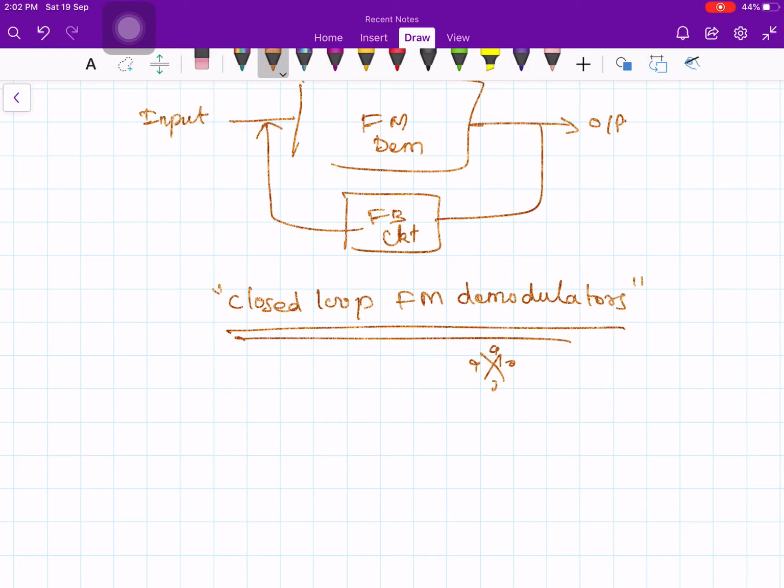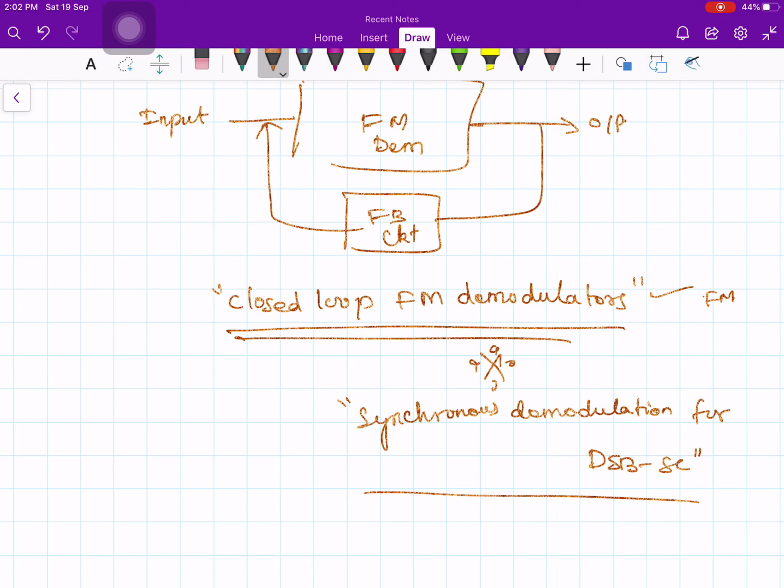So the closed loop FM demodulators are not only used in frequency demodulation, but also to devise the synchronous demodulation for AM signals, for DSB SC signals.